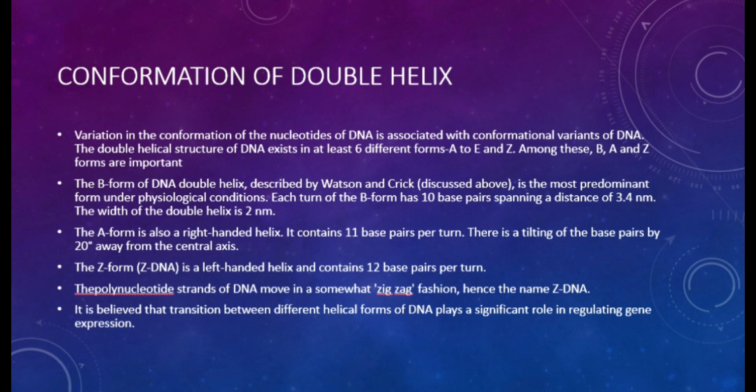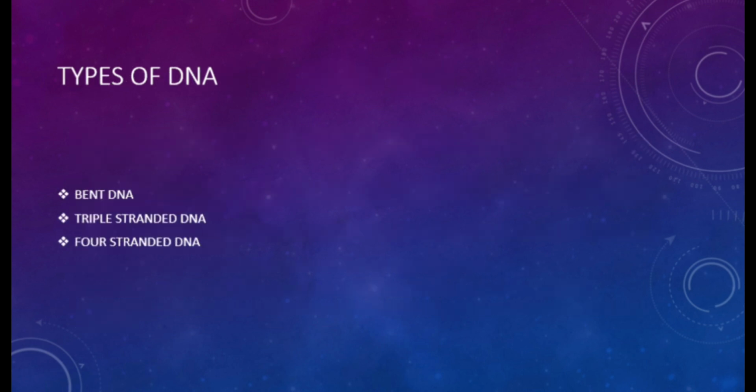The polynucleotide strands of the DNA molecule move in a zigzag fashion and hence it is known as Z-DNA. It is believed that the transition between the different helical forms of the DNA plays a significant role in regulating gene expression. Other than these, there are 3 different forms of DNA. They are the bent DNA, triple stranded DNA and the 4 stranded DNA.